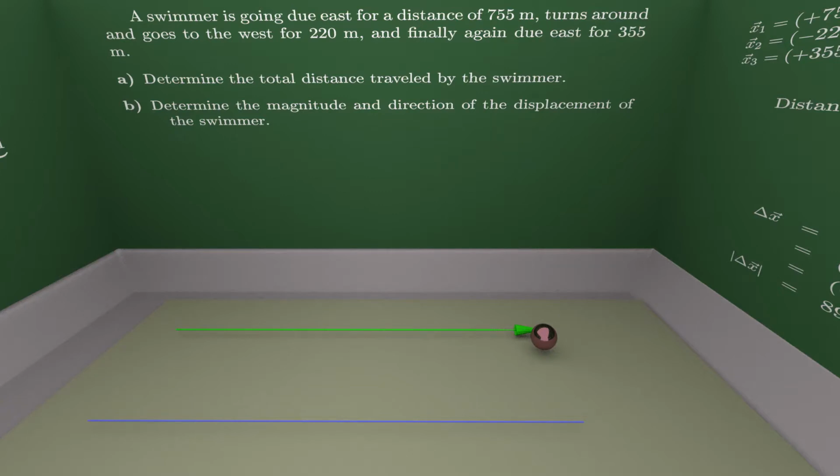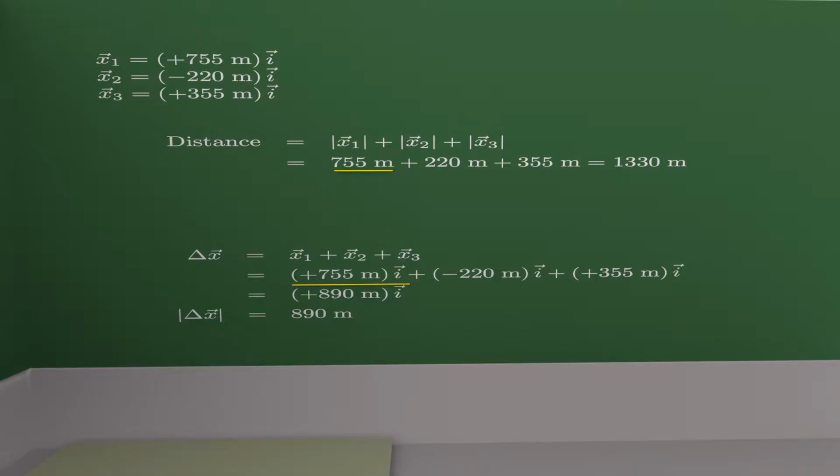The green vector then represents the displacement and the blue line represents the distance of this first part of the motion. Therefore, it's obvious for the distance to be 755 meters and for the displacement to be 755 times unit vector i. Do not forget, displacement is a vector.